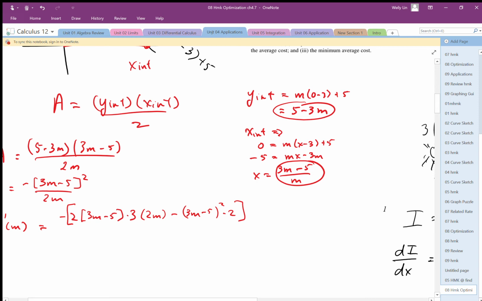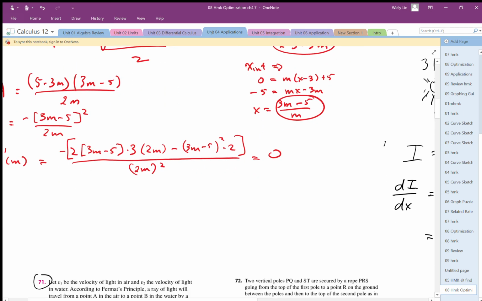Solving this equation then, this is over 2m squared. I only need to worry about the numerator now because I'm going to make this equal to 0. I'm going to get rid of that negative, so it's going to be 2 times 3 times 2, which is 12m times (3m minus 5). That's times 2, not a negative 2. So it's going to be 2 times (3m minus 5) squared equals 0.